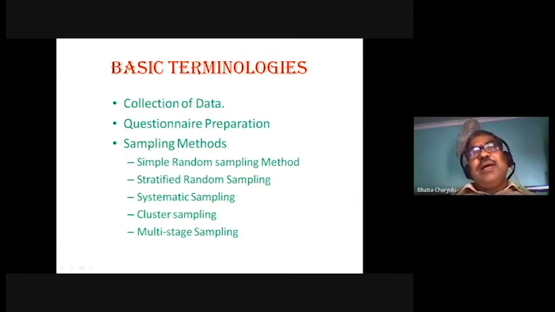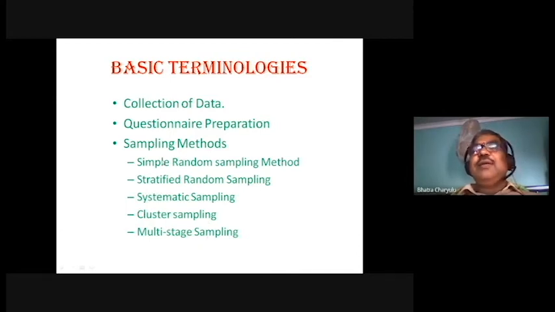And then we go for a sample design. Sample design means how to collect the sample observations, and for that we use various sampling methods: simple random sampling, stratified random sampling, systematic sampling, cluster sampling, multi-stage sampling.